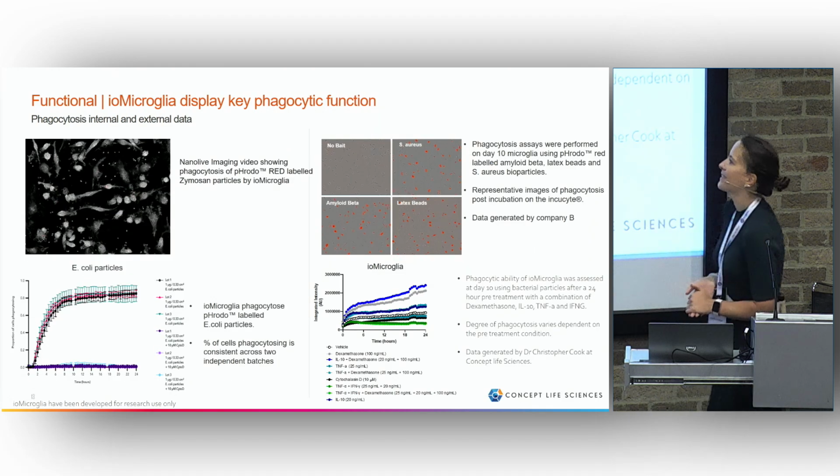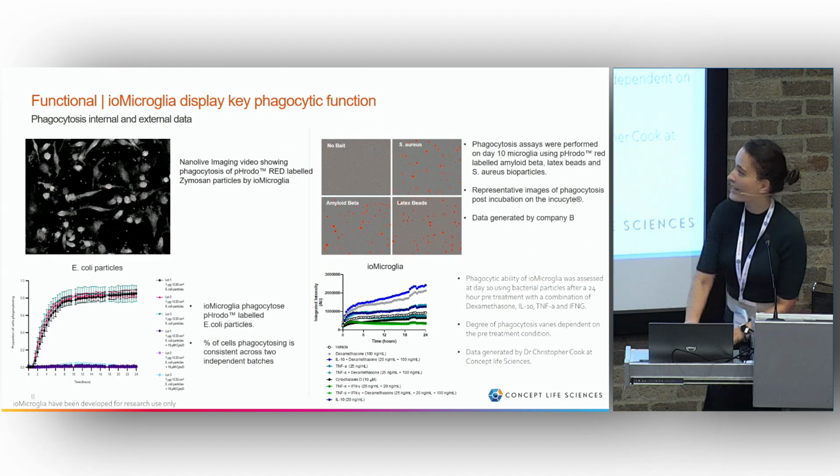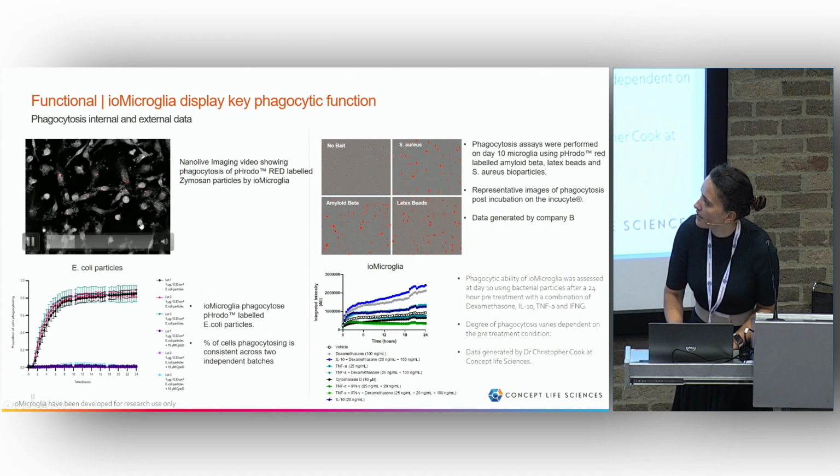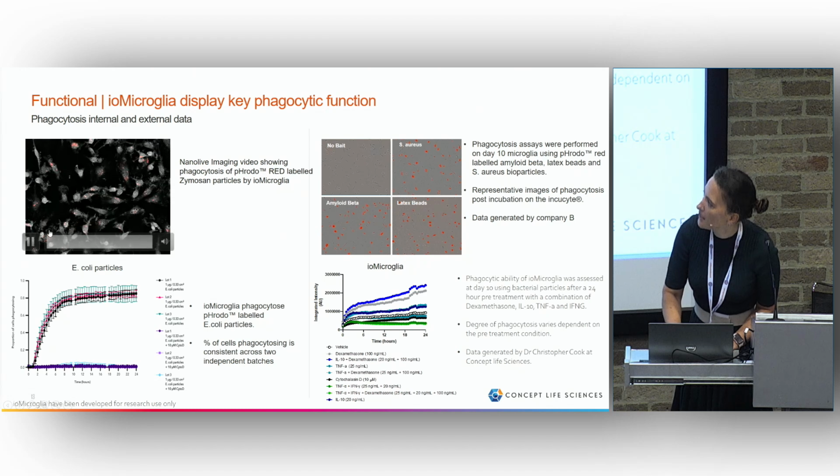But of course, function is key for these cells, like any immune cell. And we have some really nice functional data that we have achieved with these cells. We've got a NanoLive video here, in collaboration with NanoLive. What is nice is you can see the phagosome.